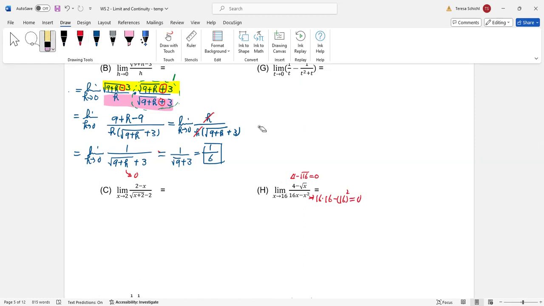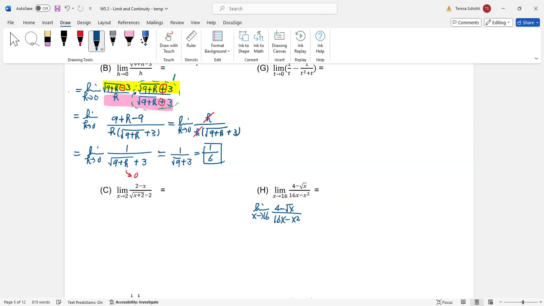Okay, so now let's see, like I said, we can use a different method. Let's multiply by the conjugate here, all right? So this is the limit as x approaches 16 of 4 minus the square root of x over 16x minus x squared.